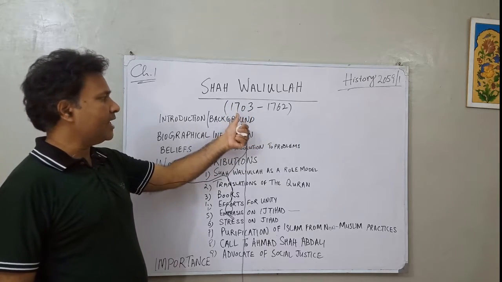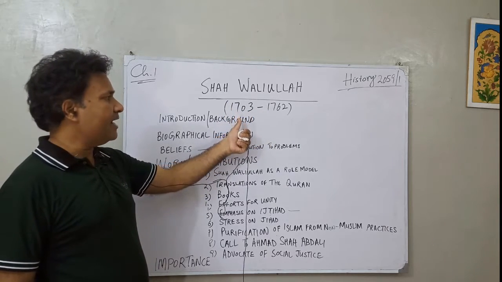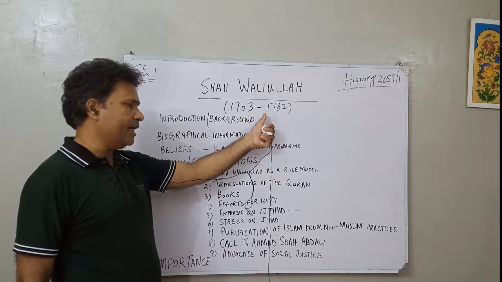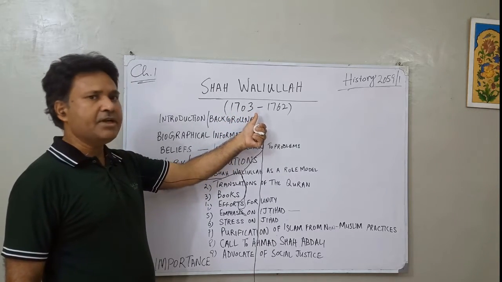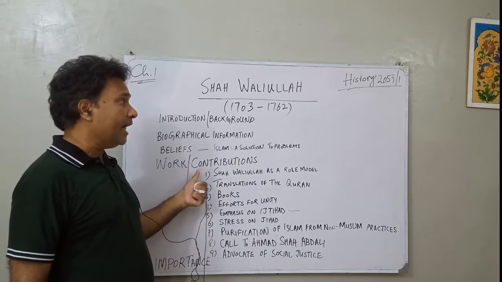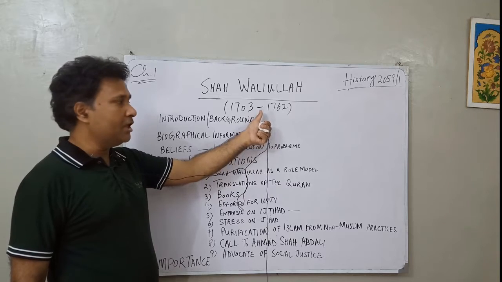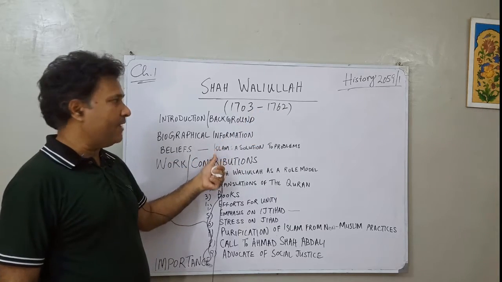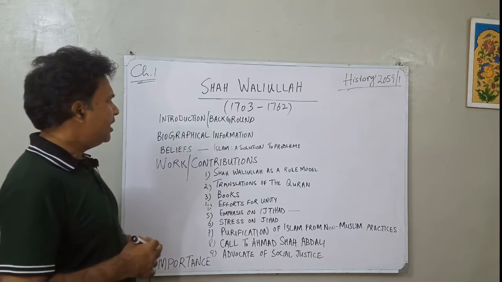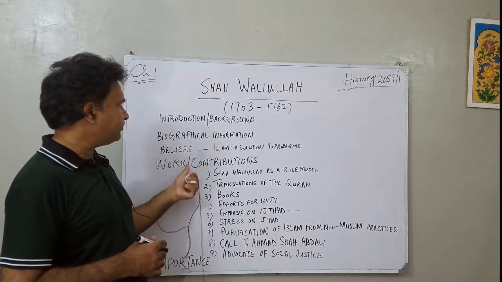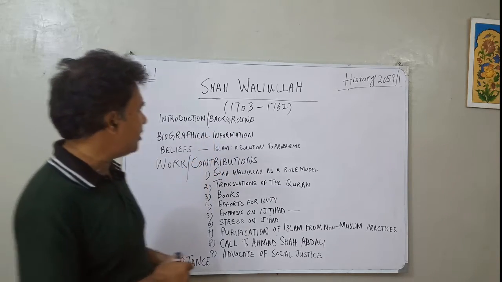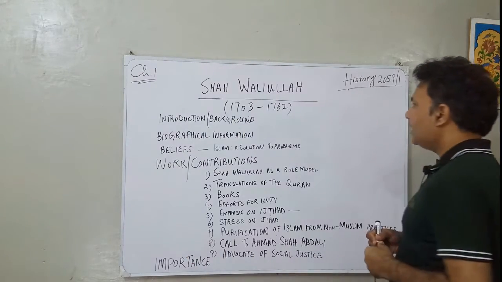You can look at the major events that occurred between 1703 and 1762, and then you can relate the relevant events to the contributions, or you can relate the role of Shah Waliullah in those major events, and this is how it would become quite easier for you to keep in memory the contributions or work of Shah Waliullah.